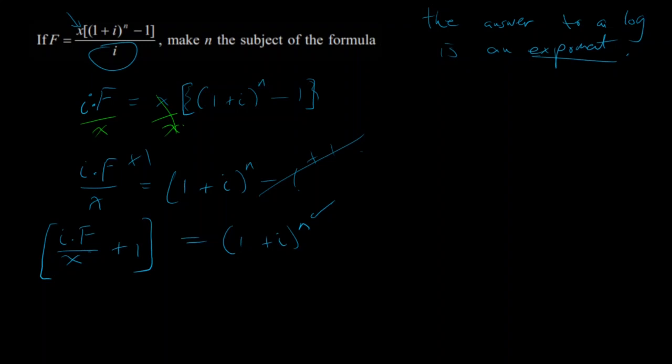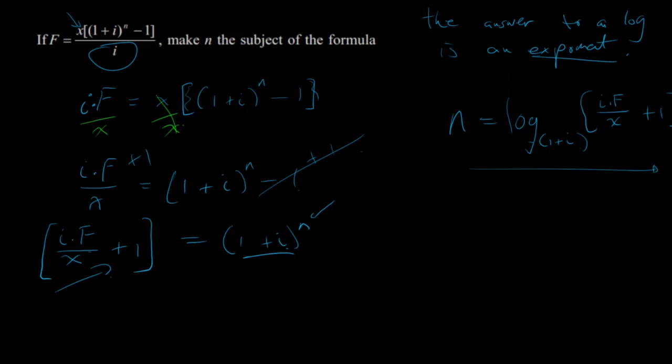So what does that mean? Well, n is going to be our exponent, and that has to have a log. What's the base? The base in the exponential form is also the base in our log form, and then that expression becomes our argument. So let's deal with that. So we'll have log to the base 1 plus i of i times f all divided by x plus 1, and that is as simple as that is.